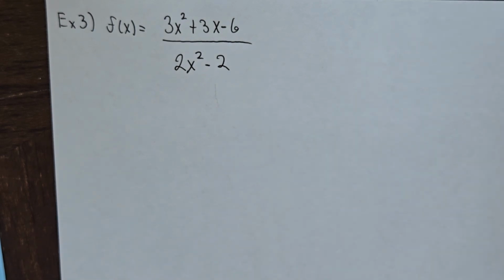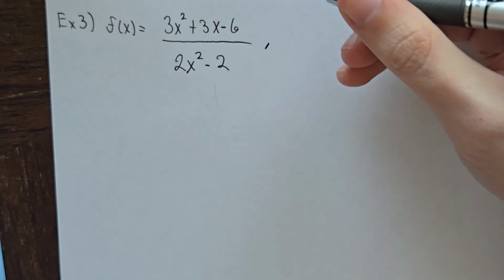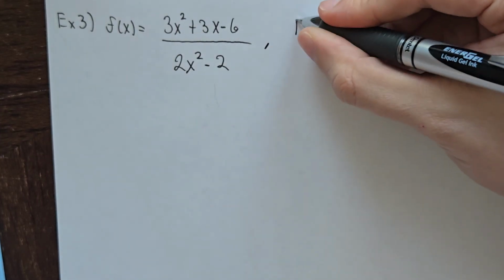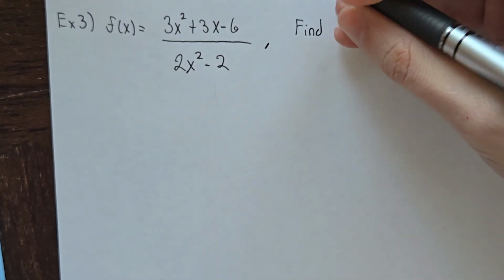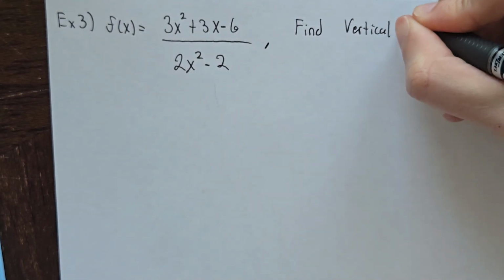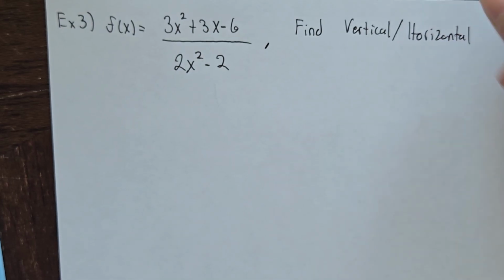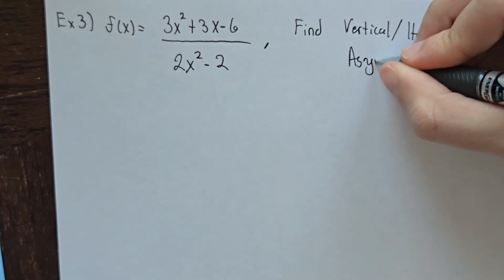Okay. First thing that you should do, oh, we have the instructions for this. Sorry, I forget we're not working for notes. What we're looking for here is to find vertical and horizontal asymptotes.